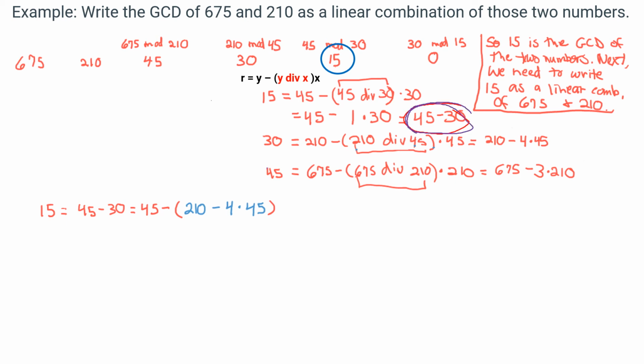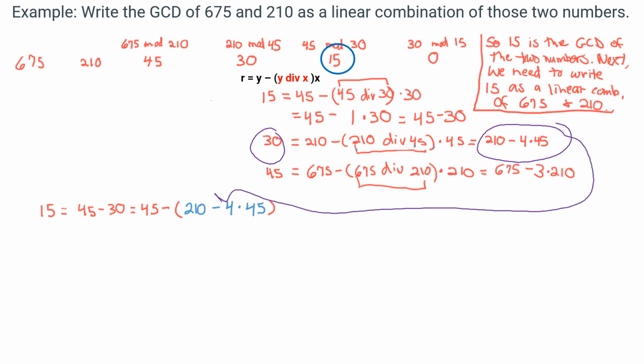So see here, we know that, oh sorry, I circled the wrong one. Okay, let me do this again. We know that 30 is equal to this. So we'll put this in place of 30, because that's the 30 right there.